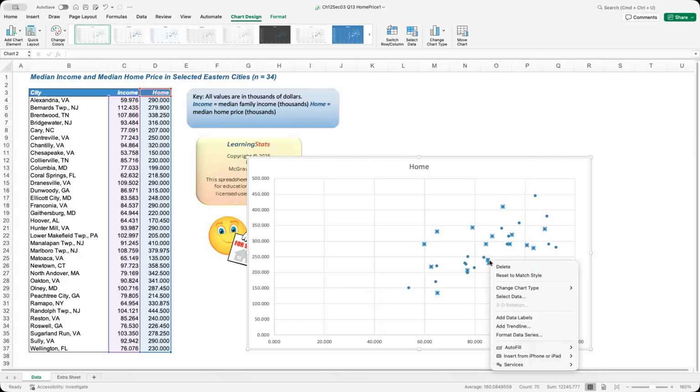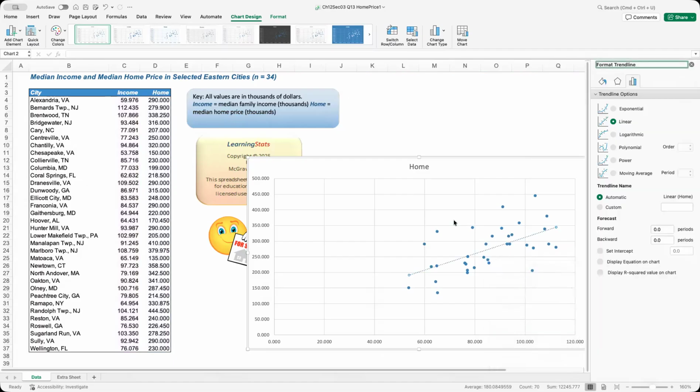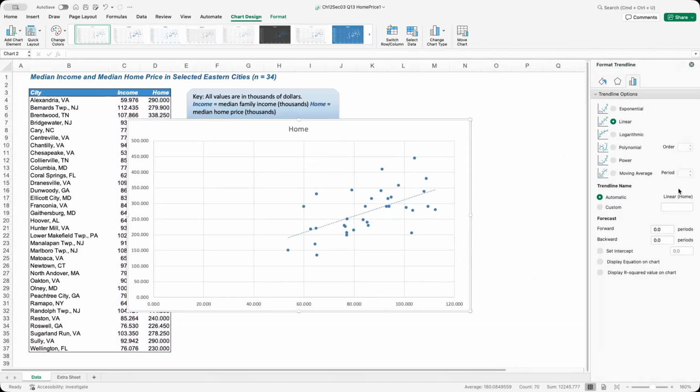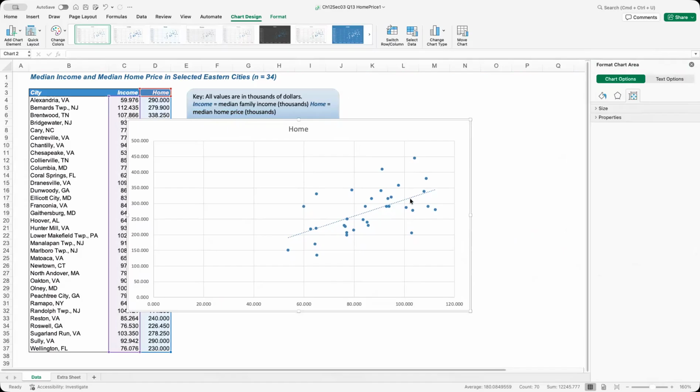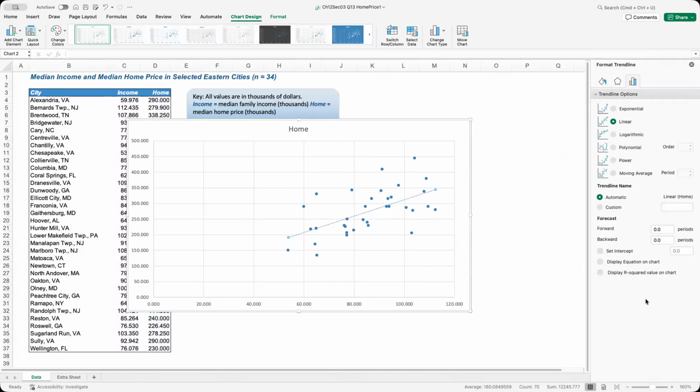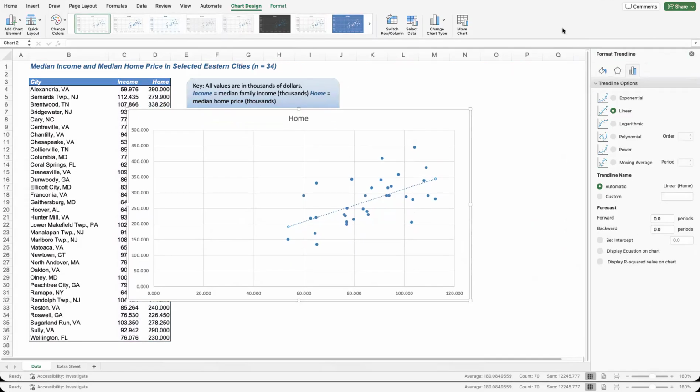The trend line is exactly the option I want to create the line that fits these the best. Add trend line. And when it adds the trend line, it gives me a whole bunch of options for my trend line over here on the right.